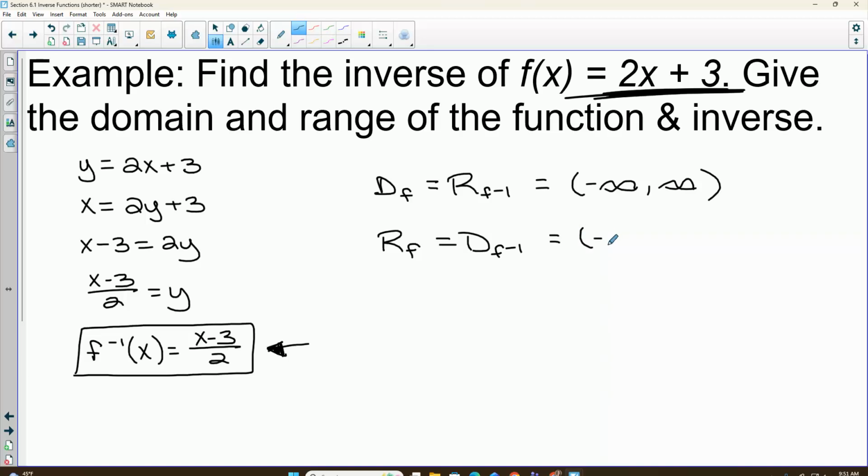There's no solution that makes it undefined. So that means x could be anything. So the range of the function, domain of the inverse, negative infinity to infinity. Any questions?